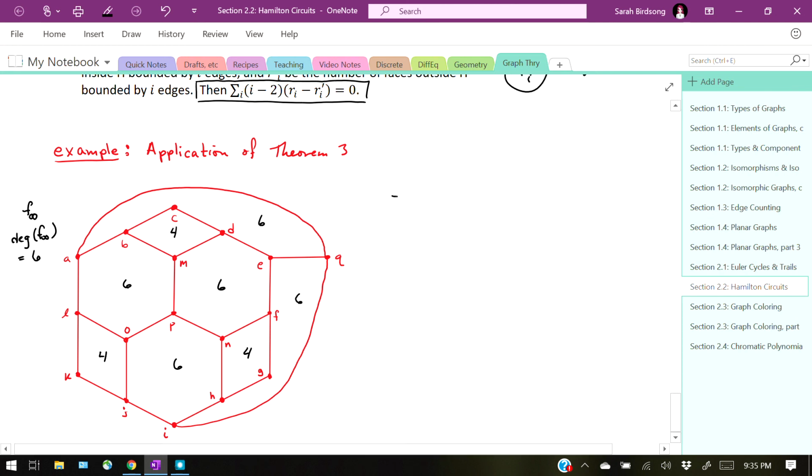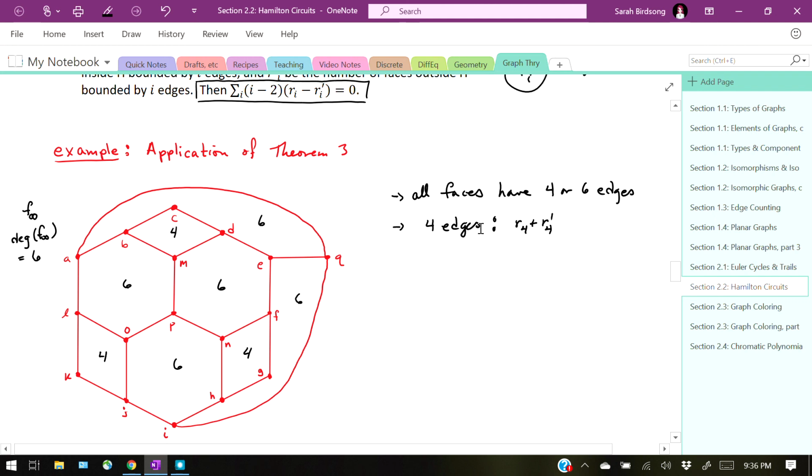What we just found, and I'm going to make a little bullet point of what we find here, is that all faces are comprised of either 4 or 6 edges. If we look specifically at our 4 edge guys, since we don't know where the Hamilton circuit is, I'm going to add up the total number of faces that have degree 4.